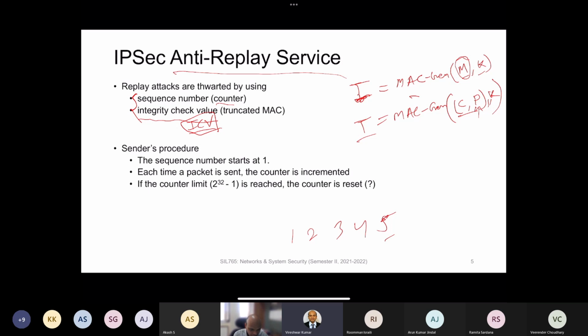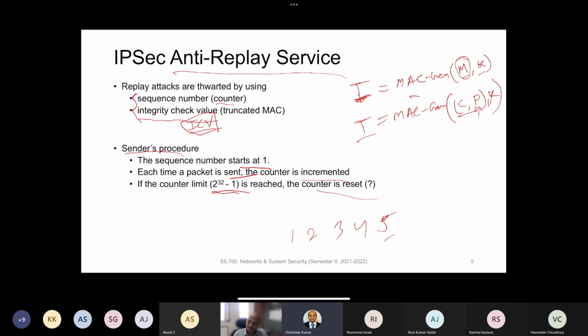Now what does the sender do? It starts with a sequence number 1, and of course, each time a packet is sent, the counter is incremented. If the counter reaches some value, about 2 to the 32 minus 1, the counter will be reset.